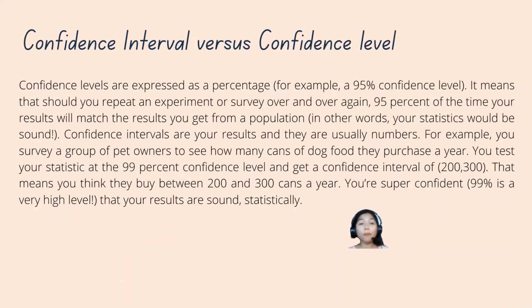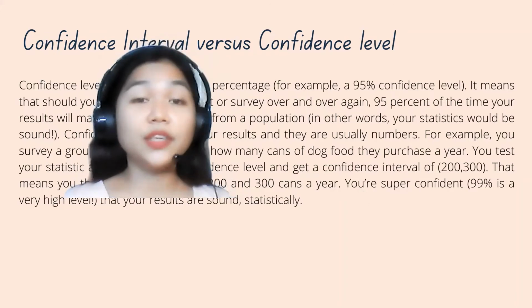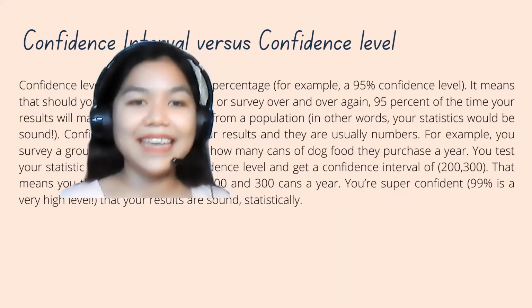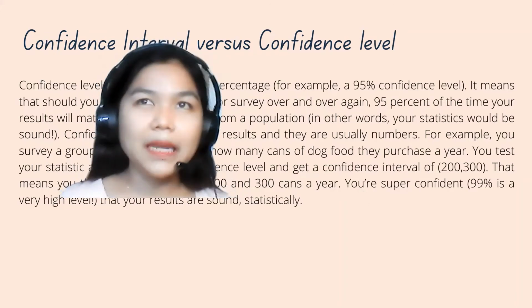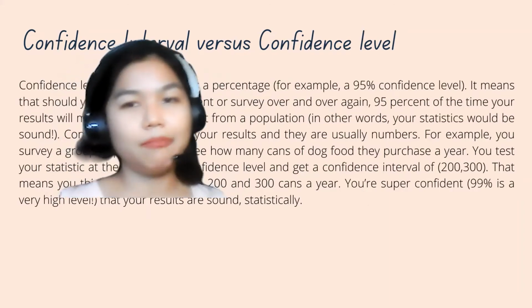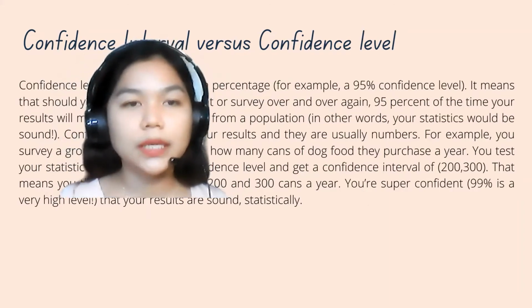Sa buong population ng manok sa buong mundo or sa planetang Earth, o 'di ba? Sa planetang Earth. So confidence levels are expressed as a percentage. Ngayon naman, kailangan nating maintindihan what's the difference between confidence interval at saka confidence level. Okay, para hindi po tayo medyo maguluhan. Para hindi po tayo ma-confuse.